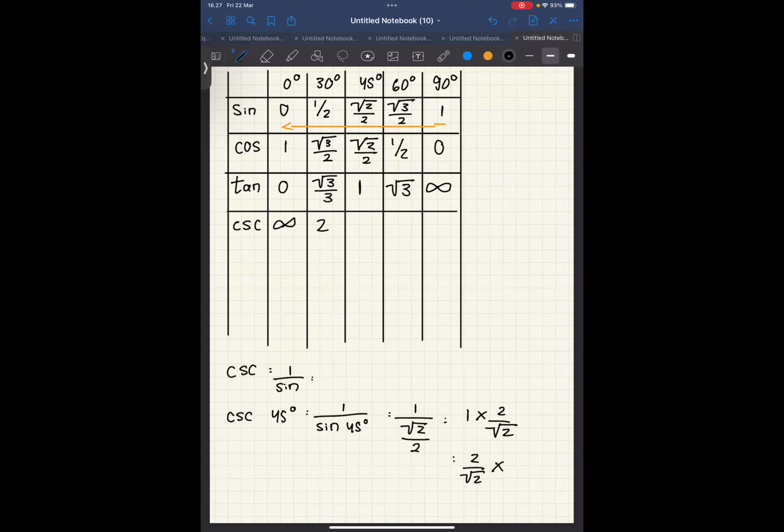We need to multiply it by square root 2. So it becomes 2 square root 2 over 2, because square root 2 times square root 2 cancels the square root. So 2 over 2 multiplied by square root 2, which is 1 multiplied by square root 2, is square root 2. So the cosecant of 45 degrees is square root 2.